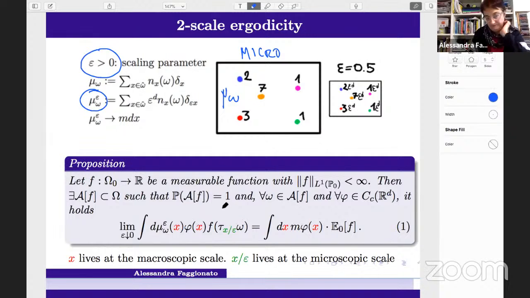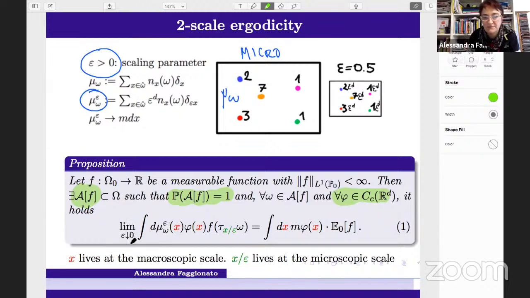Indeed, we have the following result. Take a function f of the environments, non-negative, integrable with respect to the Palm distribution. Then you can find a subset of environments, which has full probability, and for each environment omega in this subset, you have this nice property. For each test function phi, continuous with compact support in R^d, we have the following limit.